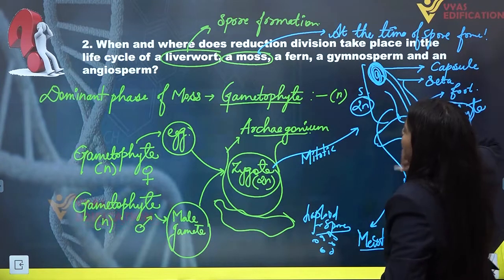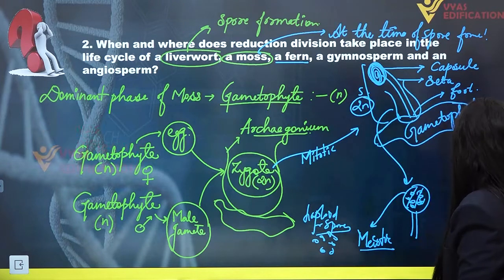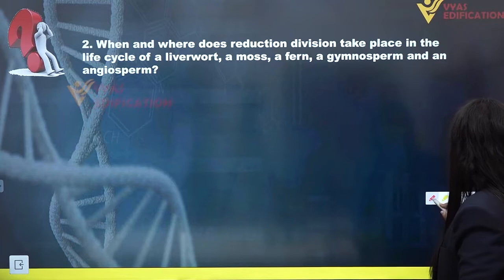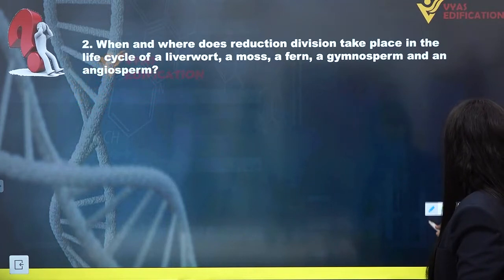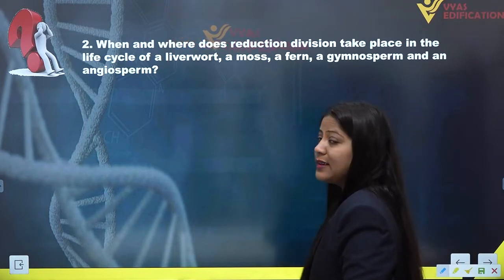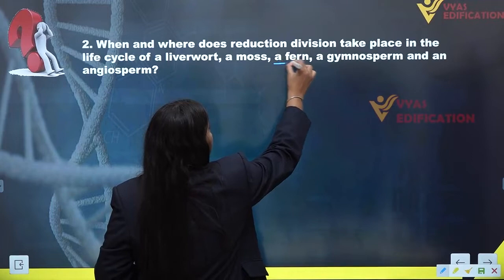Now let's talk about the fern, which is the third one. Now what happens in fern? As we know, fern is a pteridophyte. Now what is the main plant body of a fern?